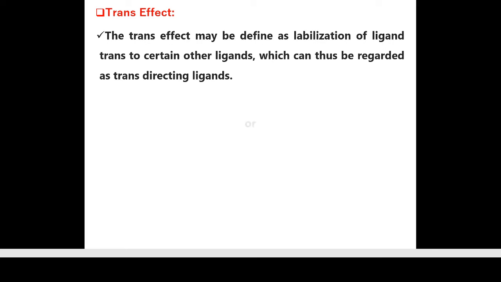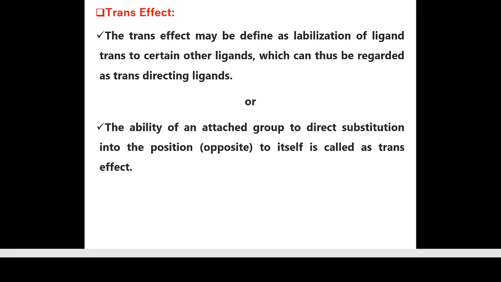Trans effect is also defined as the ability of an attached group to direct a substitution into the position opposite to itself. It's called a trans effect. Got it student? What is meant by trans effect? It's a very simple concept.